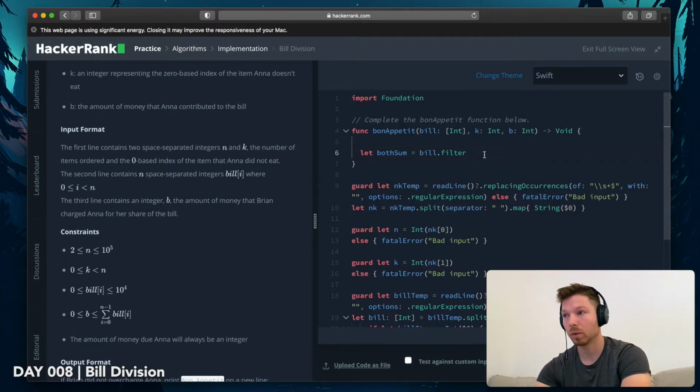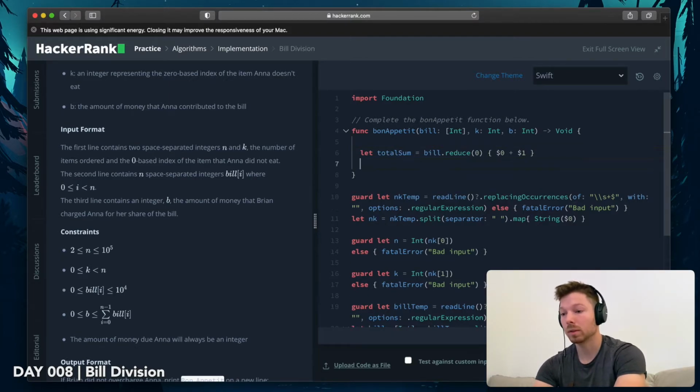So what we want to do is we want to say bill reduce starting at 0, and then we can say, that's actually this way around. We can say the result should be plus the next item, so we have the total sum, so to say.